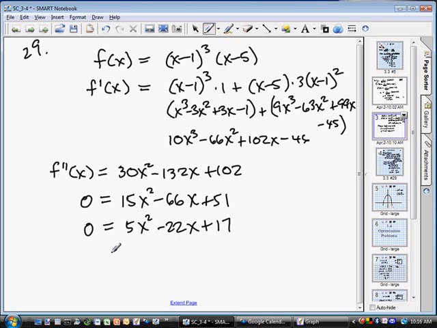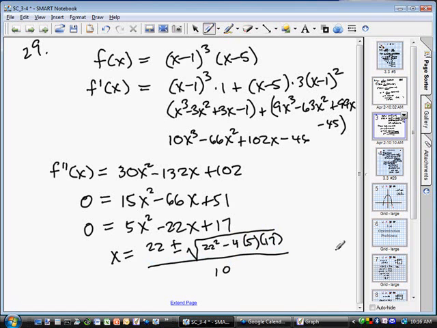So, minus b plus or minus the square root of b squared, 22 squared, minus 4 times 5 times 17, all over 2a, which is 10. I'll let you go from there.